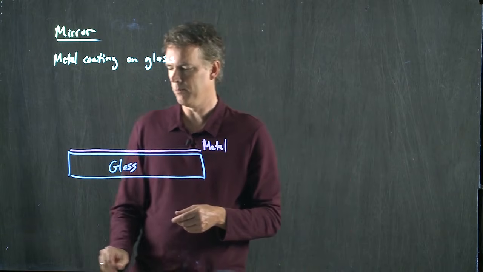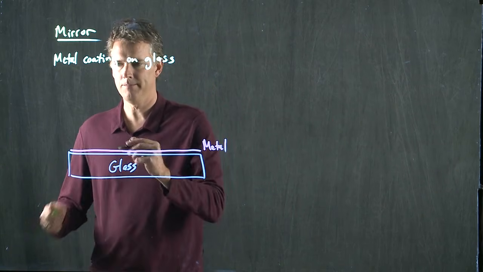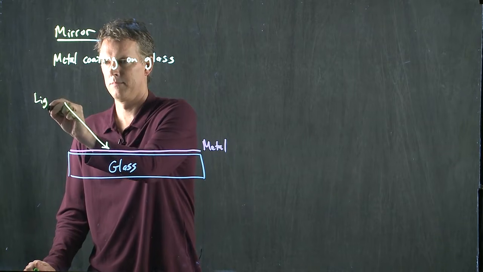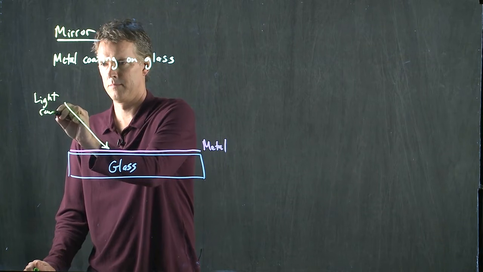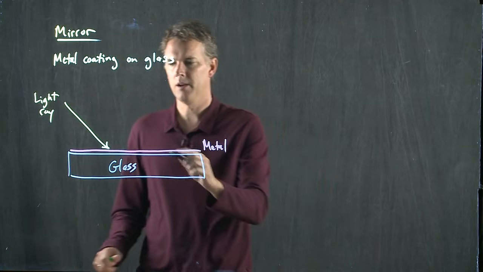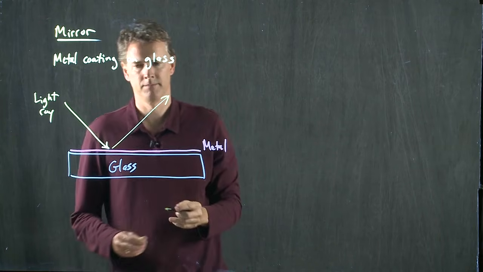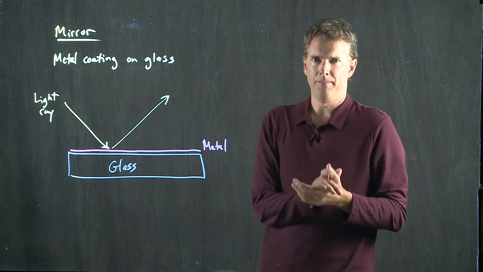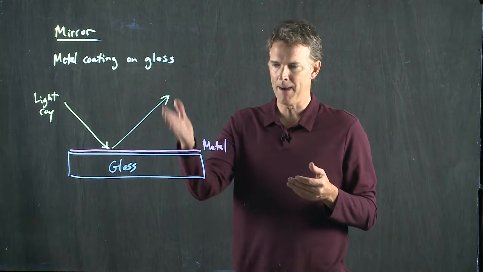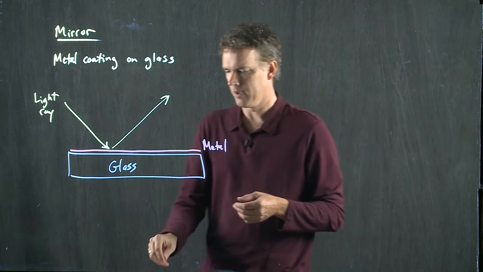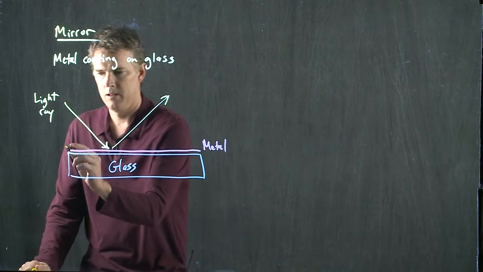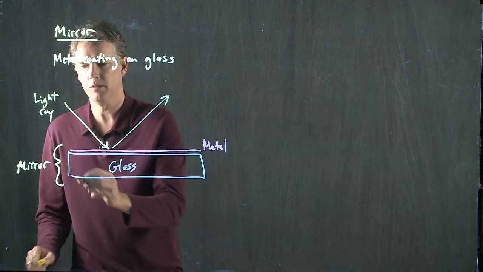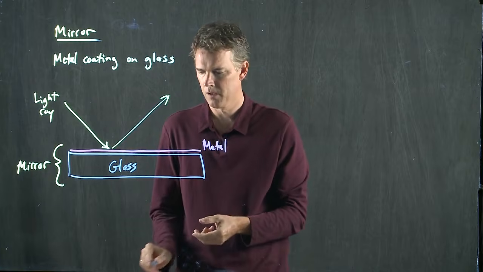So when a light ray comes in, here comes our light ray. It hits the mirror and it bounces off. Okay. Why does that happen? Why does light bounce off of this mirror? The combination of two things here, the glass and the metal, is what constitutes the mirror.